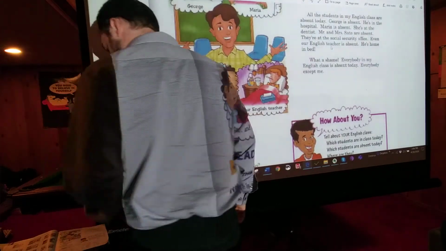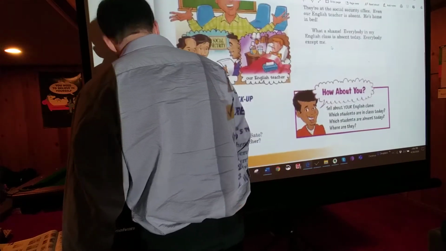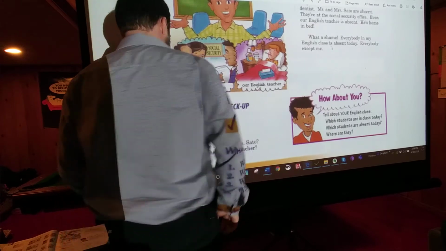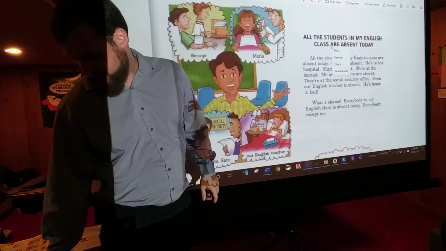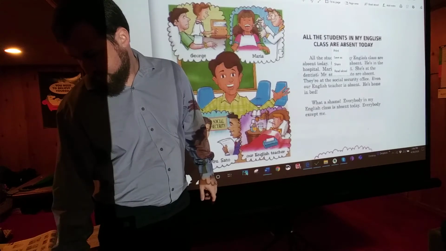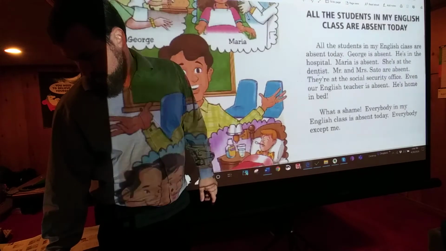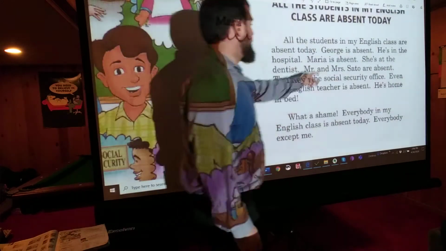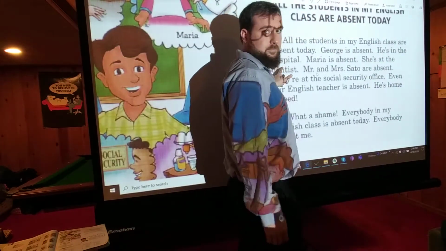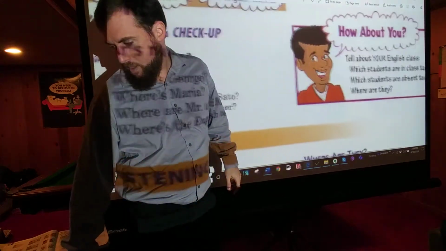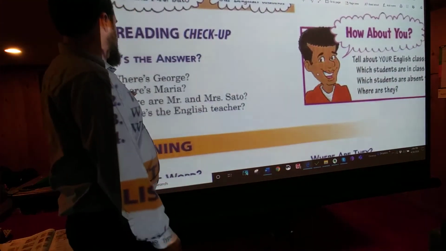Let's go over the answers. So, we remember from this, where's George? Okay? What does it say about George? George is absent. He's in the hospital. Okay? So, where's George?